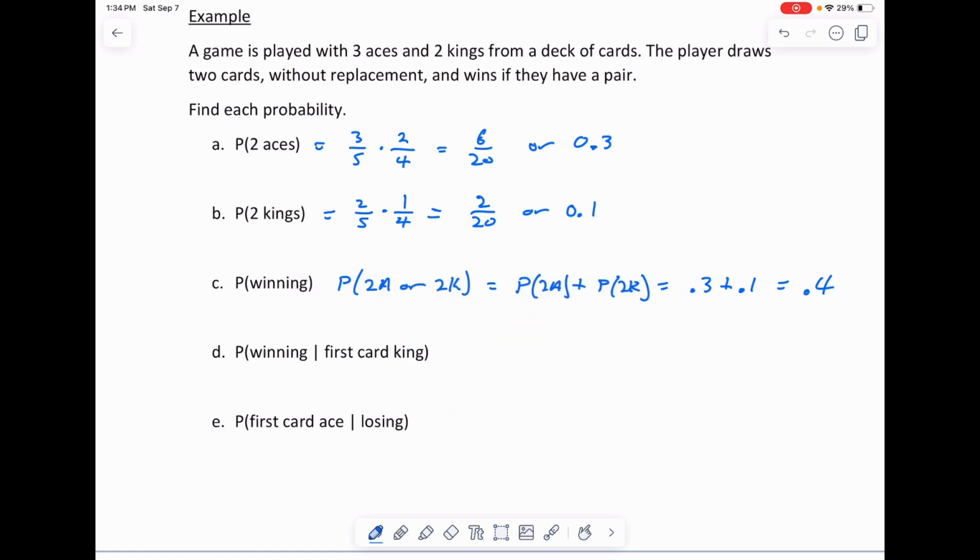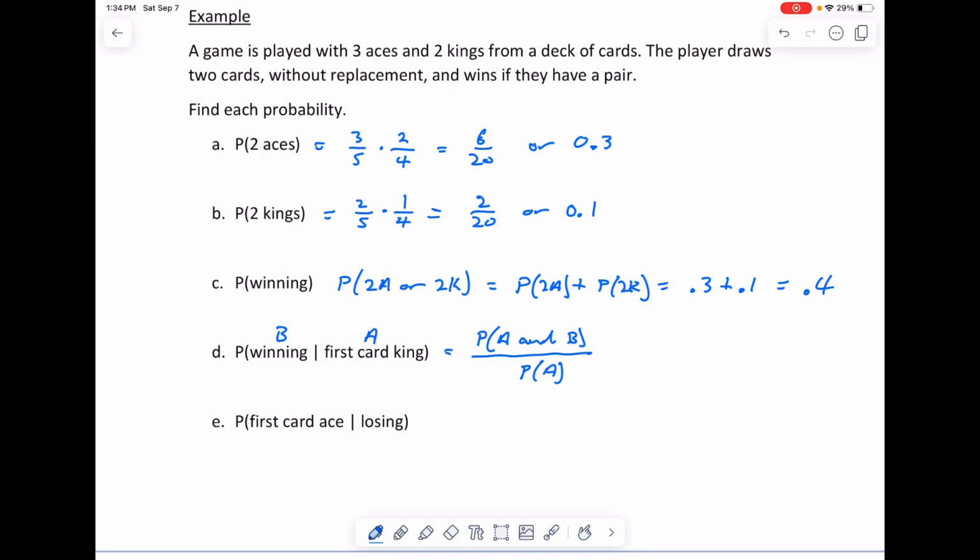Okay, so then let's take a look at the probability of winning given that the first card was a king. So again, thinking about our formula here, the probability when we have a conditional like this is the probability of A and B divided by the probability of A. In this case, B is winning.